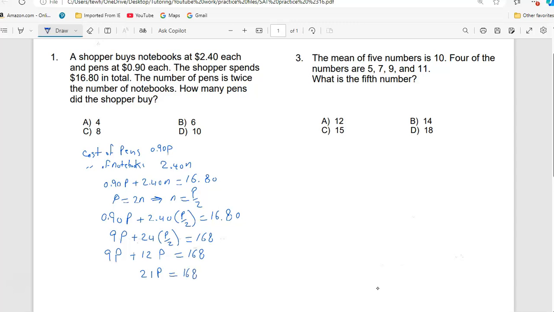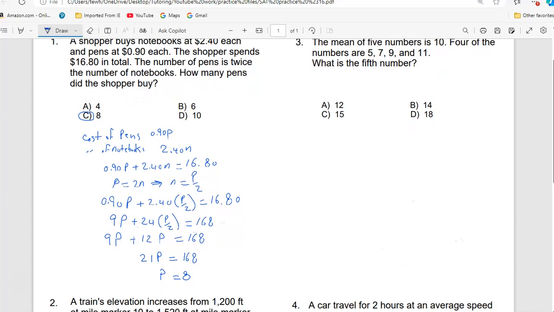Now divide both sides by 21 to get P by itself. So P gives you 8, if you divide 168 over 21. And your answer is choice C. That's what we're looking for.